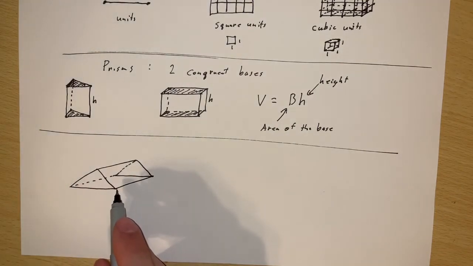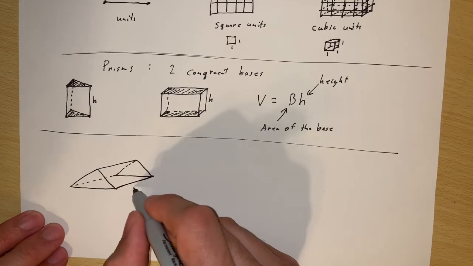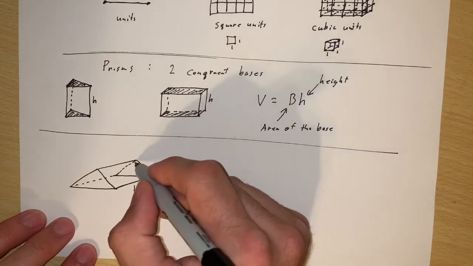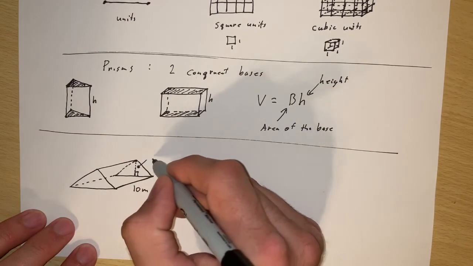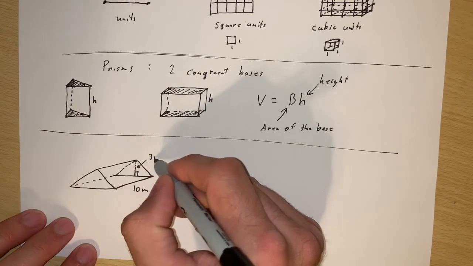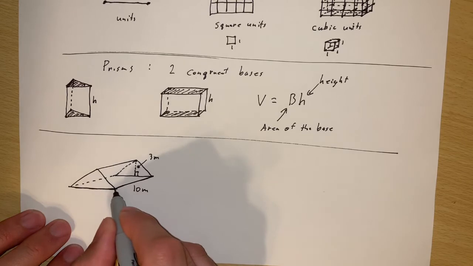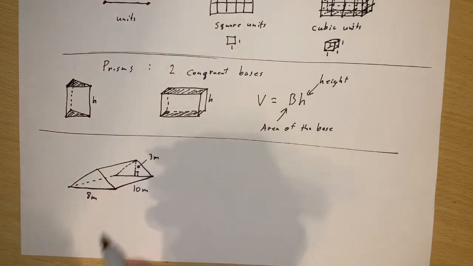We want to find the volume of this, and the information that's given is this. This edge right here is 10 meters. This distance from the point straight down is 3 meters. And then this edge from here to here is 8 meters.